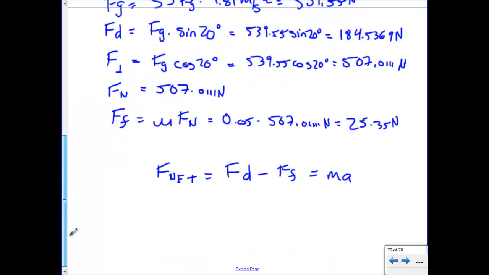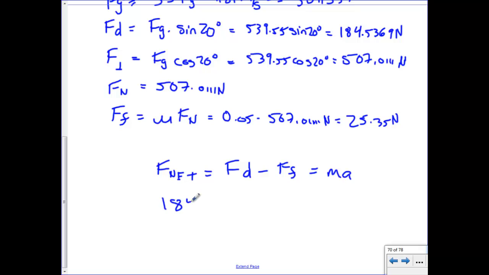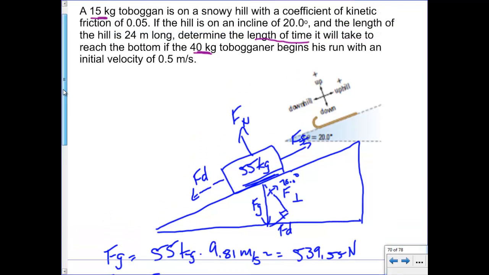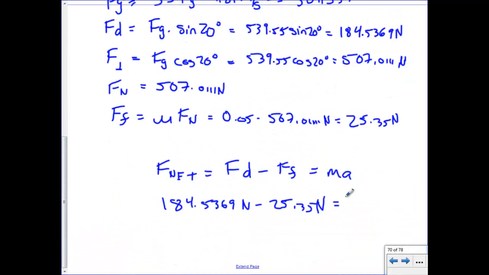It's pulling you backwards, right? So you need the 184.53269 newtons minus the 25.35 newtons. What was mass again? 55? 55 kilograms.